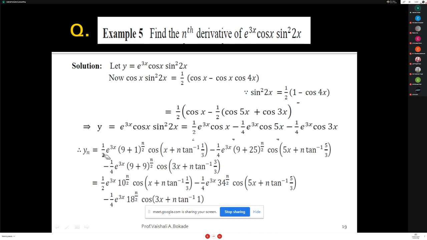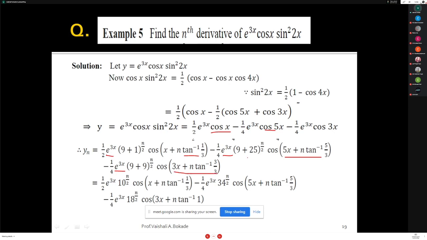You observe that the e raised to 3x is kept as it is in the first, second and third terms, and the coefficients 1 by 2, 1 by 4, 1 by 2 and the signs are also kept as they are. For the cos terms, cos x is written as cos of x plus n phi, and cos 3x is written as cos of 3x plus n phi.